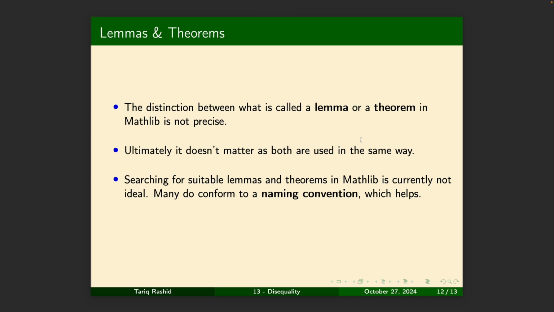So the bigger important things are called theorems, and the smaller, perhaps trivial things are called lemmas. The distinction isn't clean, and as far as Lean goes, some things are called lemmas, some things are called theorems, but they work in the same way because they're just propositions that somebody else has proved that we can use. So there's no real difference from our perspective.